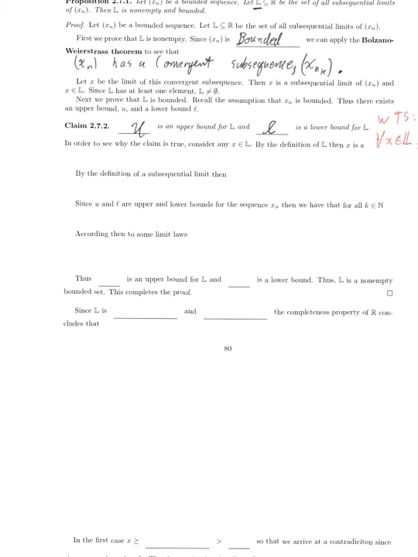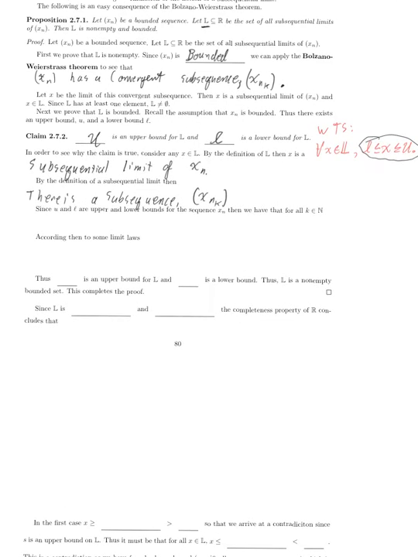Well, let's try to unpackage definitions. By the definition of the set L, x is a subsequential limit of x sub n, because L is the set of all subsequential limits.